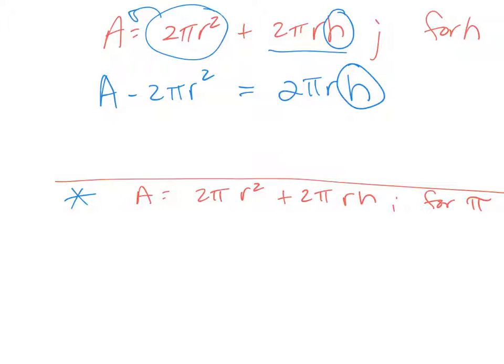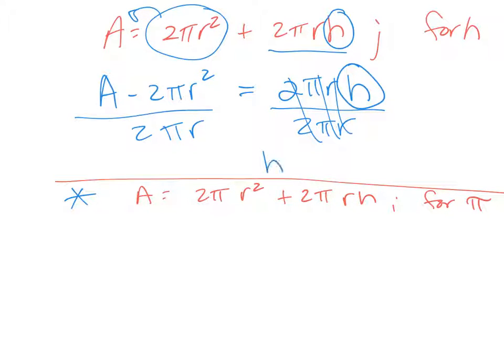I got rid of that 2 pi r squared, didn't I? Yeah. So who's with the h? 2 pi r. And what's he doing to the h? Multiplying. So we have to divide by 2 pi r and 2 pi r. They're gone. The h is now alone. So h equals a minus 2 pi r squared over 2 pi r.